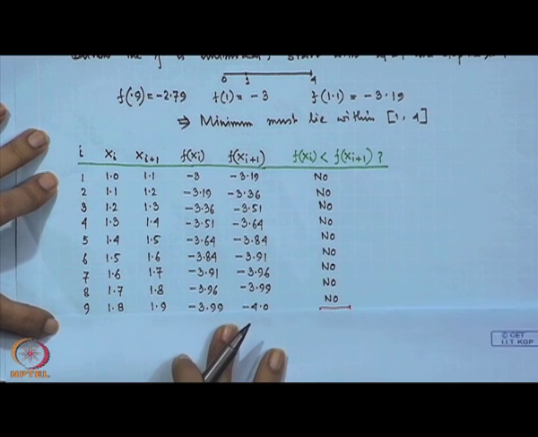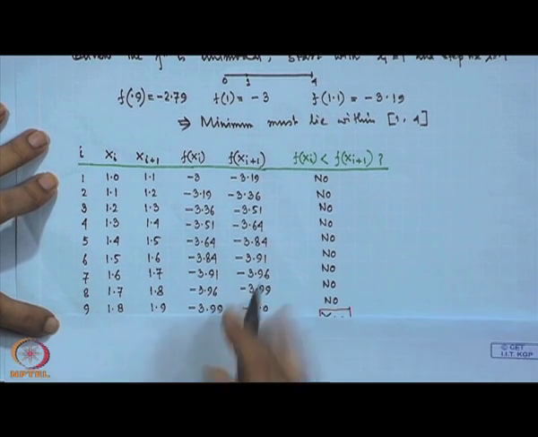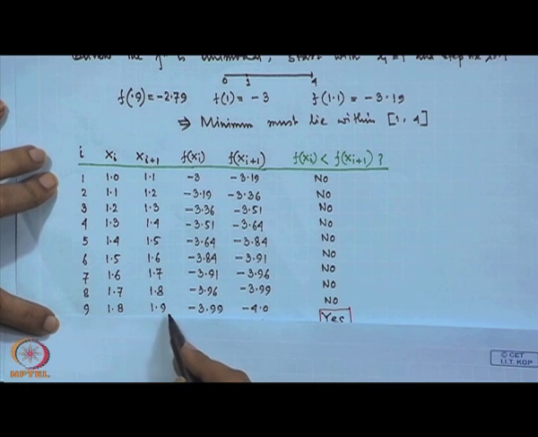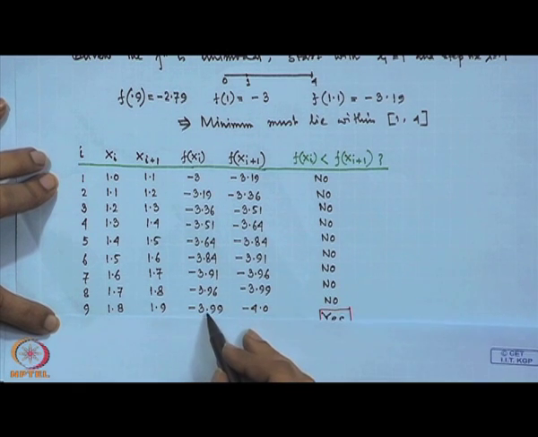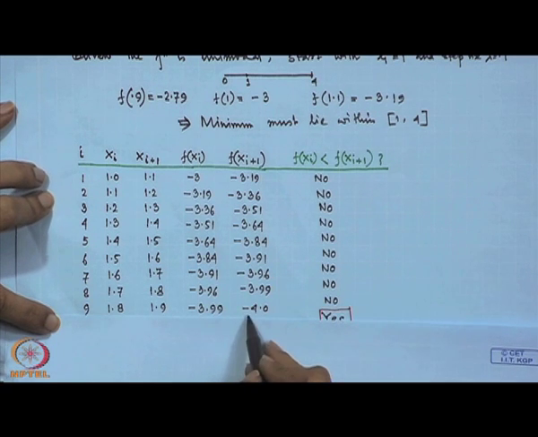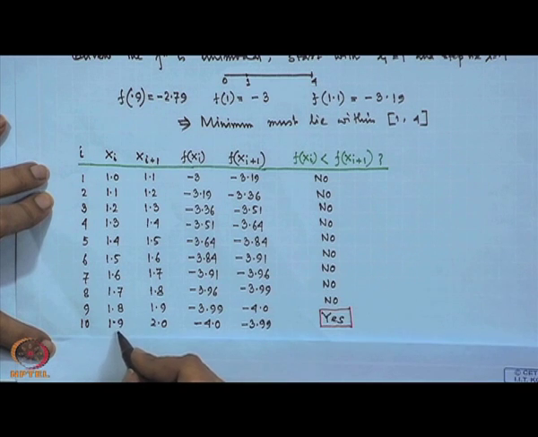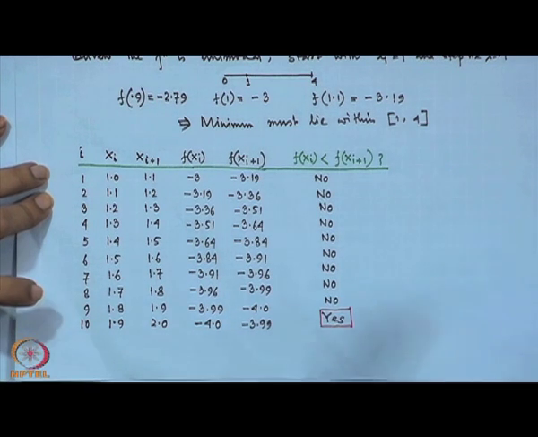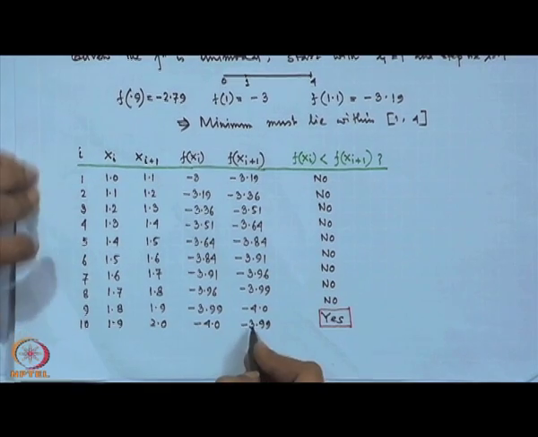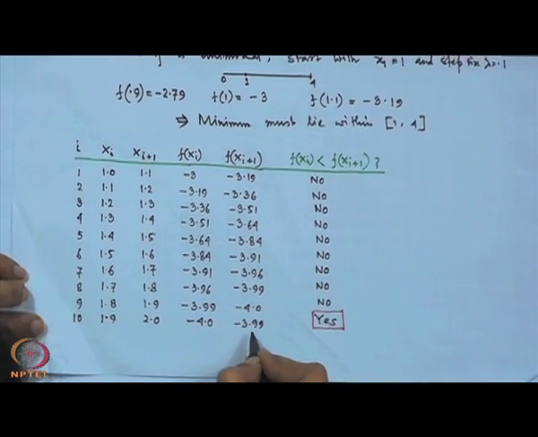In this way, if I move to the point 1.8 to 1.9, we could see the functional value is again better, -4.0. But if I move from 1.9 to 2.0, we see that the functional value is now a higher value.